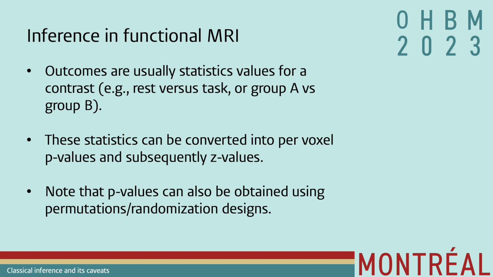The outcomes that you see are usually the statistic values for a certain contrast, for example rest versus task for a within-subject design, or group A versus group B, where you compare activity in the brain for group A versus group B. And these statistic values can be converted into p-values and subsequently also into z-values. The p-values are what we're going to talk about today mainly. And note that these p-values can also be obtained using permutations or randomization designs.